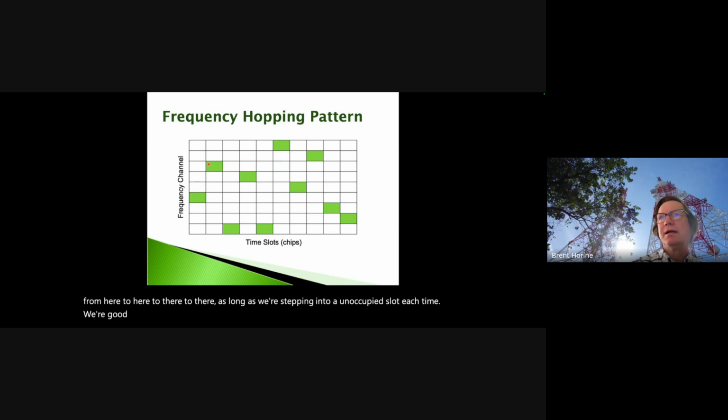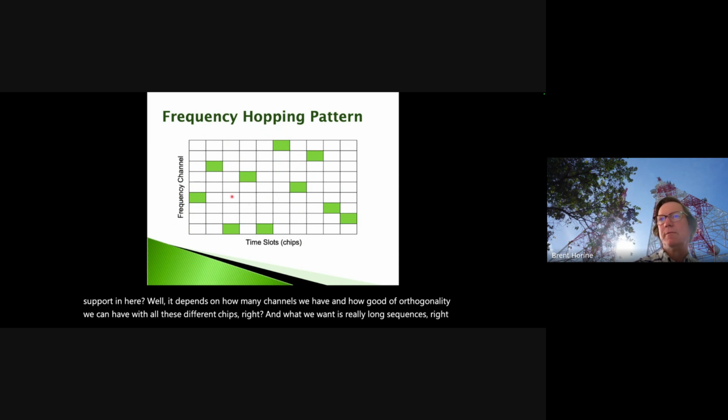And then how many users can we support in here? Well, it depends on how many channels we have and how good of orthogonality we can have with all these different chips, right? And what we want is really long sequences, right?